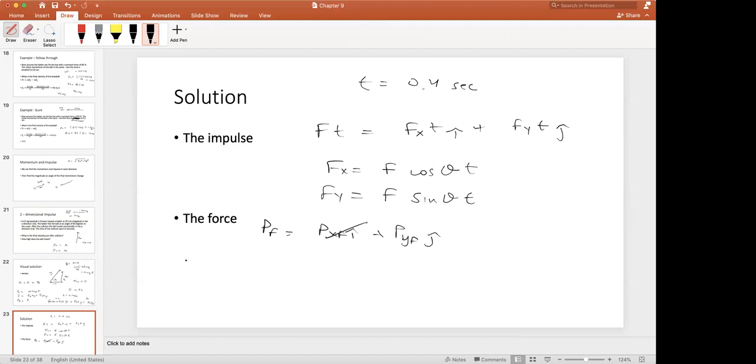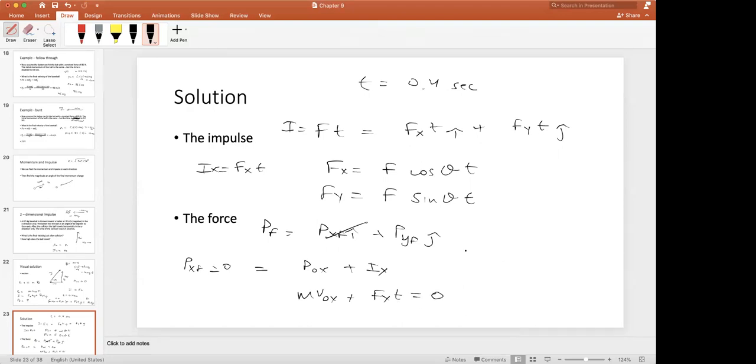If px final is equal to 0, px final is equal to p initial x plus I in the x, which is Fx times t. We've already got that, right? This is our I. And p initial of the x is just m v initial in the x plus Fx times t, and that's equal to 0.